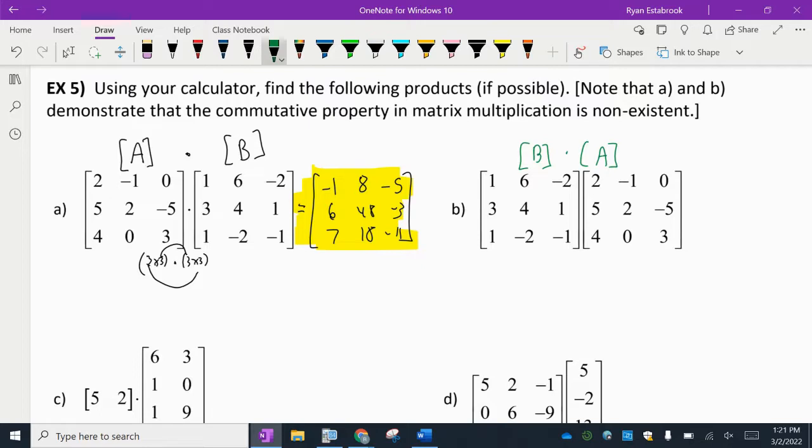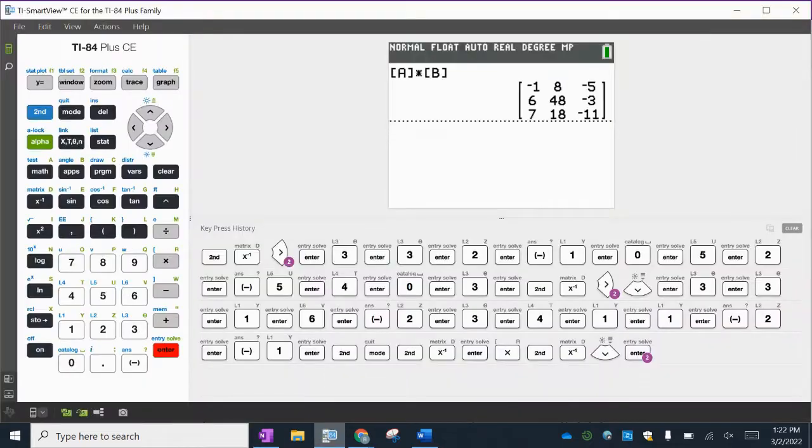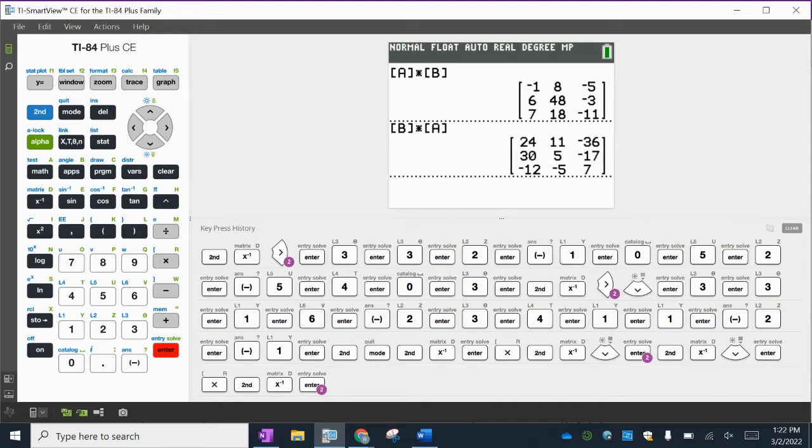So you might not even get an answer, but it's likely that those answers are going to be different. So on my screen, I'm going to do matrix B times matrix A. And you can see that those answers are actually different. So it's nice to have the calculator do all of this for us. It speeds things up a lot.